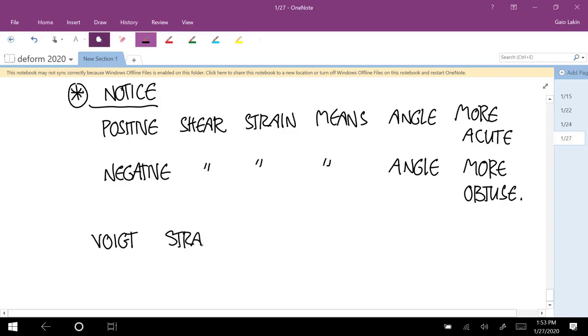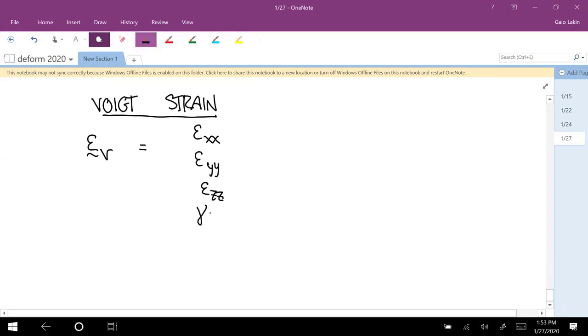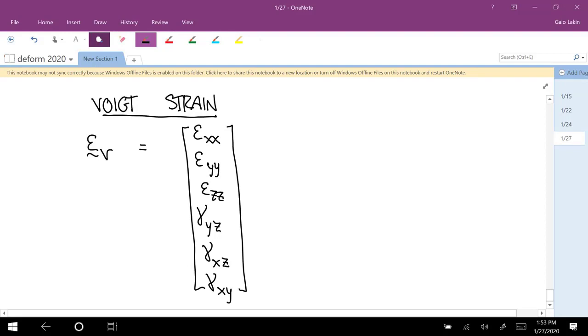So the Voigt strain, and I'll represent that as epsilon sub v, is EXX, EYY, EZZ, then gamma YZ, gamma XZ, gamma XY. It's the same order as the Voigt stress.